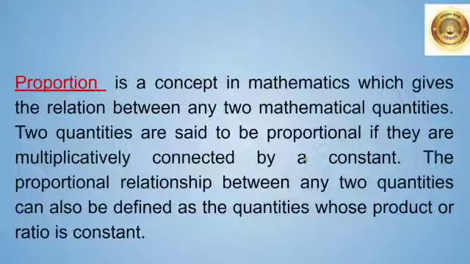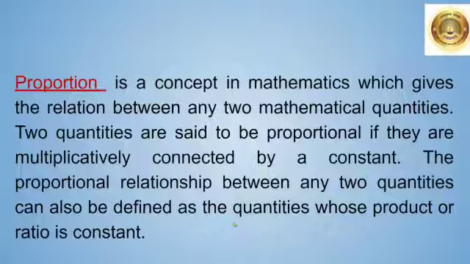First let us see what is meant by proportion. Proportion is a concept in mathematics which gives the relation between any two mathematical quantities. Two quantities are said to be proportional if they are multiplicatively connected by a constant. The proportional relationship between any two quantities can also be defined as the quantities whose product or ratio is constant.